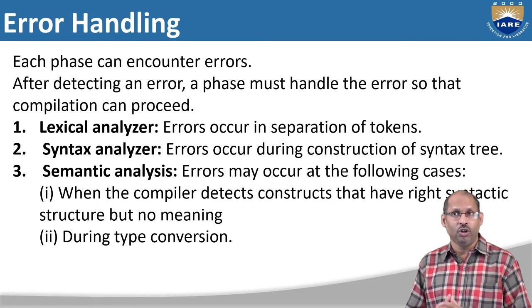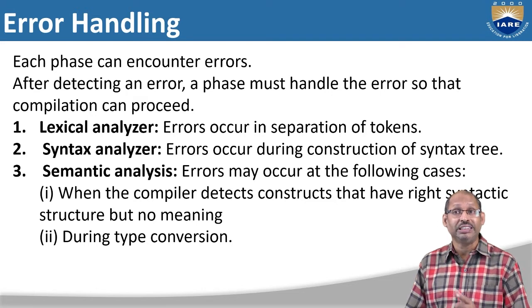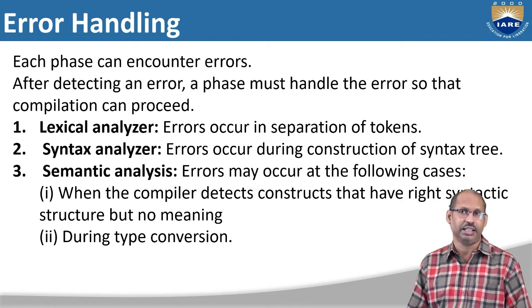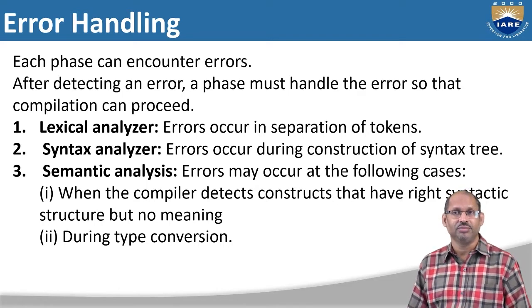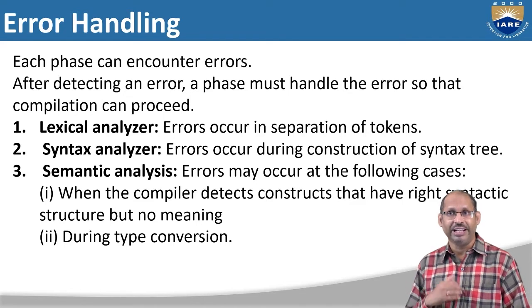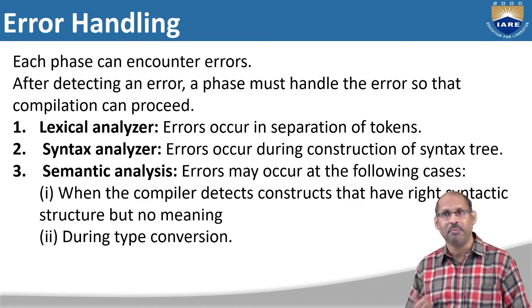If there is a binary operator, it must have two operands, and they should be of the same data type. One is float, one is int. The smaller size data type is converted to the larger data type, so that they are converted to the same data type and it will perform float addition or float multiplication.